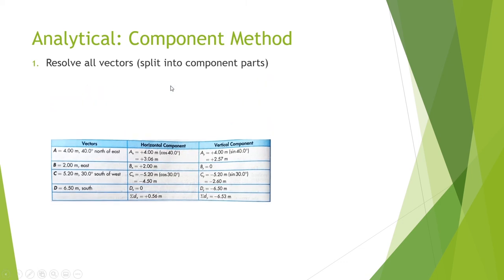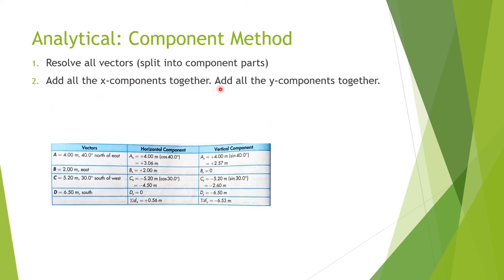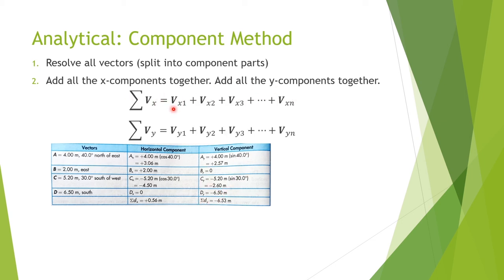Step number 2, add all the components together. Add all the Y components together, all the X, all the Y together. Look at this, that big fancy letter E. It means summation, right? Sum. You add all of them. This one, the same way, add all of them. It looks fancy, but that's just what it means.